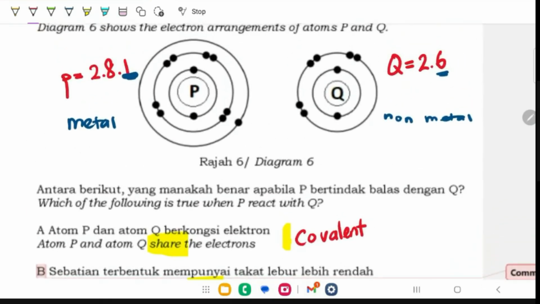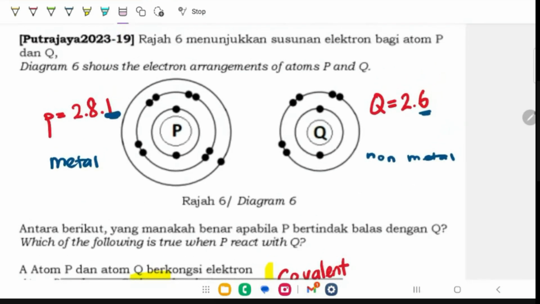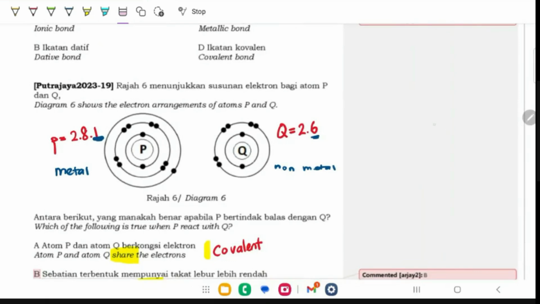You see here, Q is 6, so it is 2 negative. It needs to gain 2 electrons. Then P has 1 valence electron, so it will lose 1 electron and become positive 1. So what is the formula?